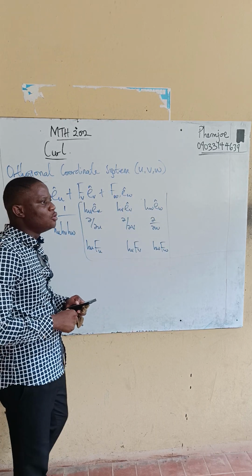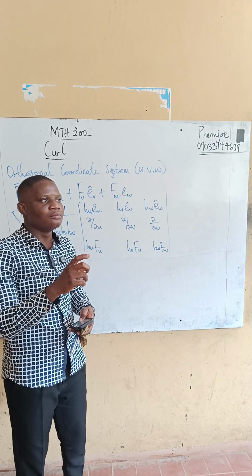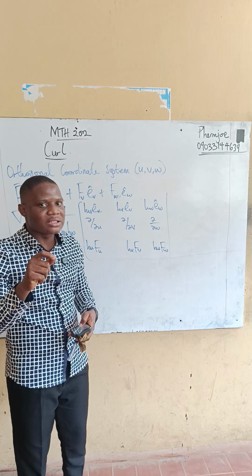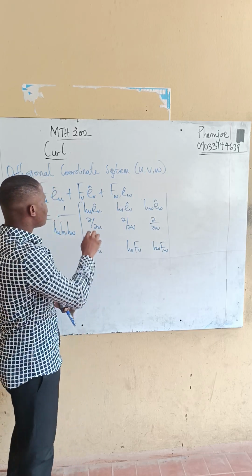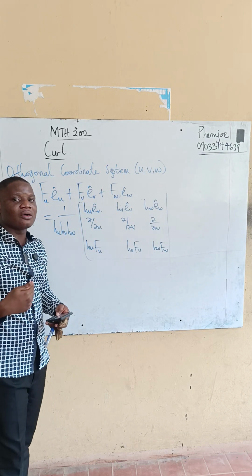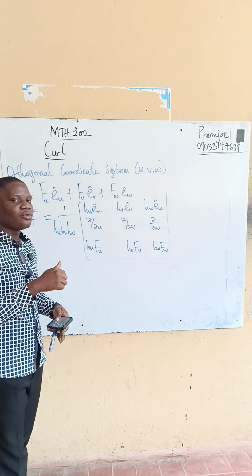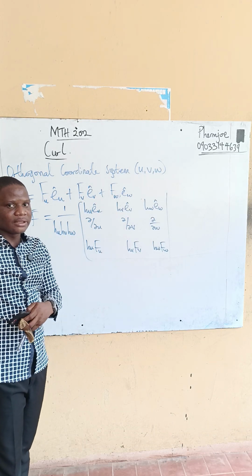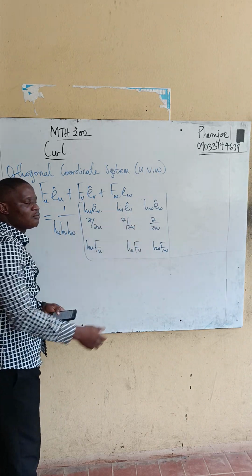Don't forget that I told you in Cartesian coordinate system, each of the vectors, you have your target vectors, they are what? Unit vectors. That means the magnitude is 1. But unlike this place, in orthogonal coordinate system, whether you're considering spherical or cylindrical, their hu, which is now called scale factors, differ.